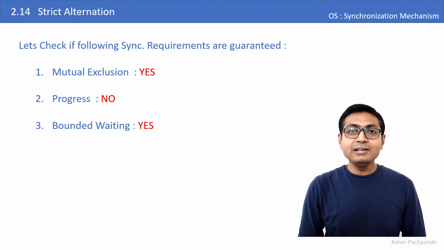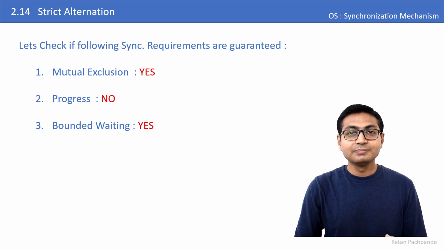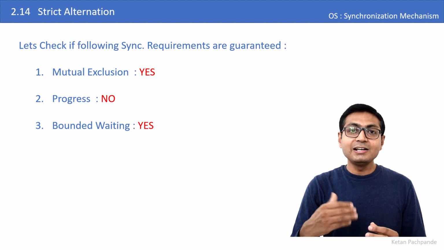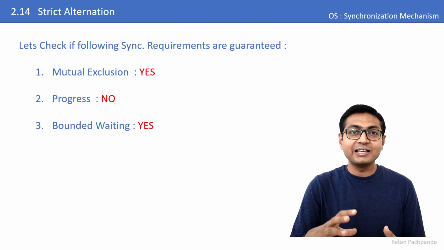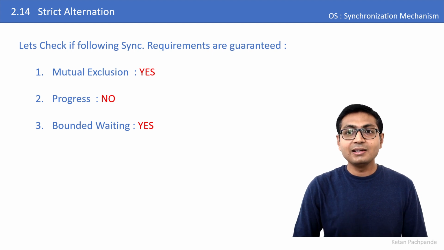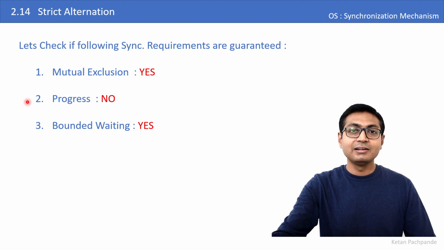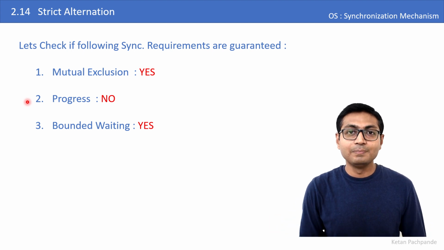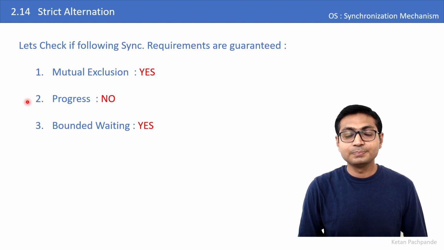Now tell me, how can you pack the food item without its production? So which process should get entry into the critical section first? The production process, not the packing process. So I can say having progress not guaranteed is okay in this particular problem, where I want strict alternation between 2 processes.